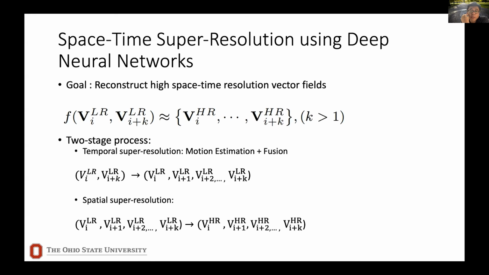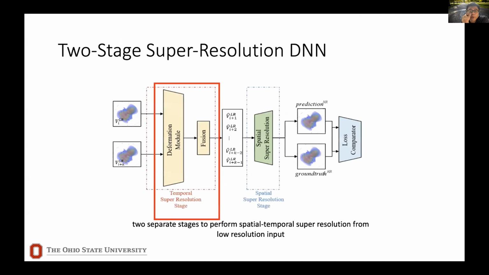Okay, so now let me tell you the construction of the neural network. A lot of detail you need to read the paper, and then you're welcome to talk to me or talk to Guihua afterwards. First of all, I'm going to talk about how you perform temporal super resolution, i.e. taking the first time step and last time step, how do you create the time steps in between? This is based on something where we want to estimate the motion, because you can imagine as time step 1, your vector goes to time step 2, vector to 3, there is a motion that pushes the vector to different locations.